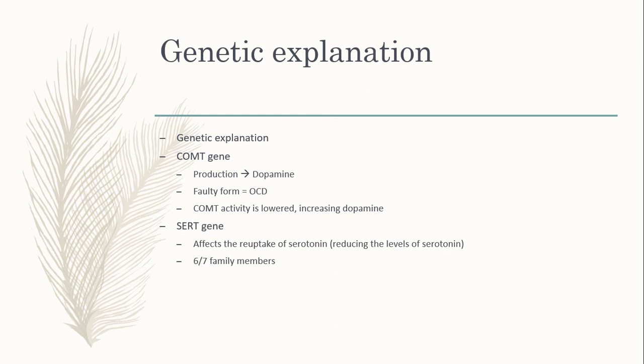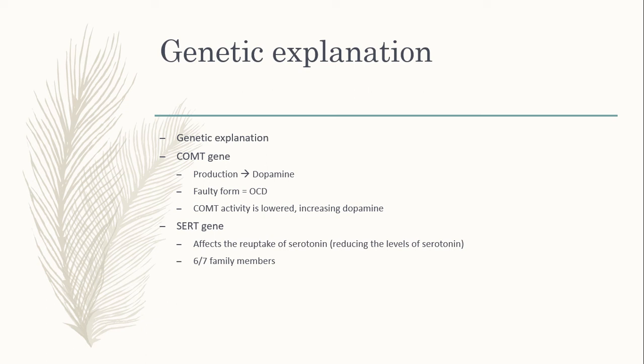There is also the SERT gene, which is linked to serotonin, and a fault in this gene leads to problems with the reuptake of serotonin, reducing the levels of serotonin available in the synaptic cleft. So you know about the reuptake of serotonin, or any neurotransmitter, of which serotonin is.